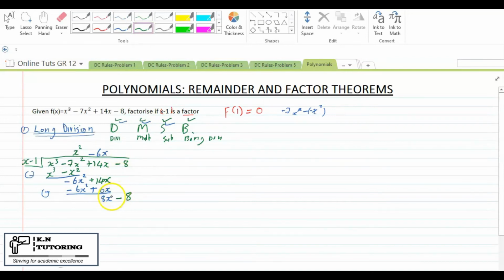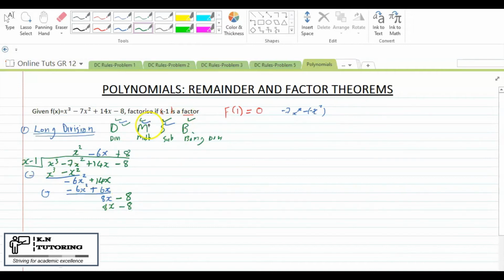Okay, I'm going to do this again and say 8x divided by x. So I'm repeating the order again. I'm dividing 8x divided by x. I'm going to get positive 8. Positive 8 multiplied by x is going to give me positive 8x. And again, positive 8 multiplied by negative 1 is going to give me negative 8.